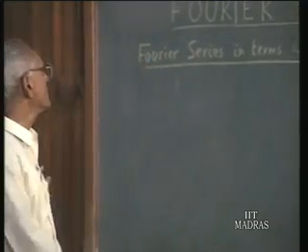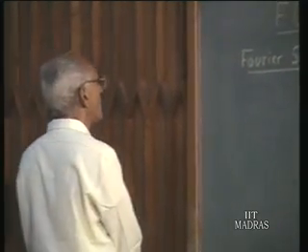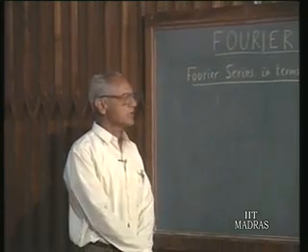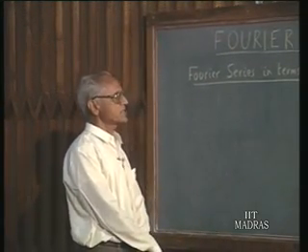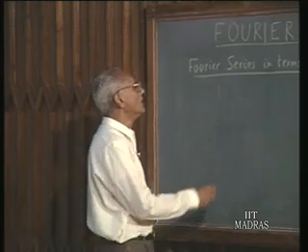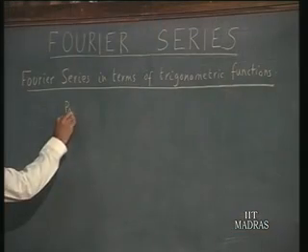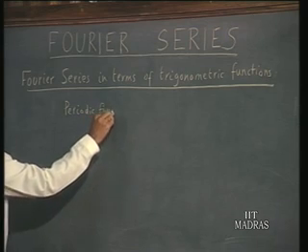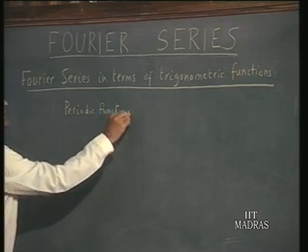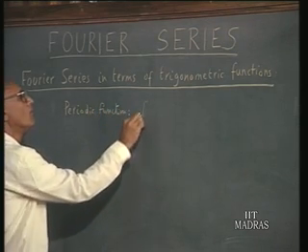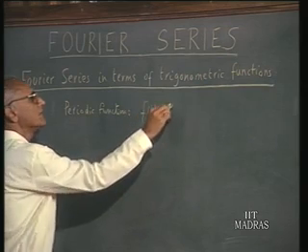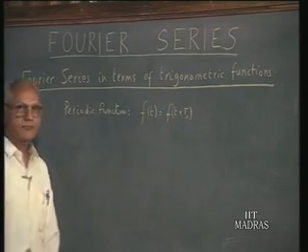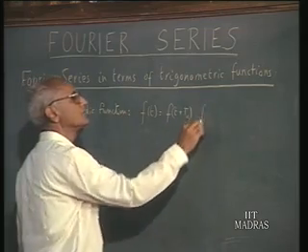Let us now take a look at the form of the Fourier series for a periodic function in terms of sinusoidal functions of time. You recall that a periodic function is one which has this characteristic: f of t equals f of t plus T naught for all t.